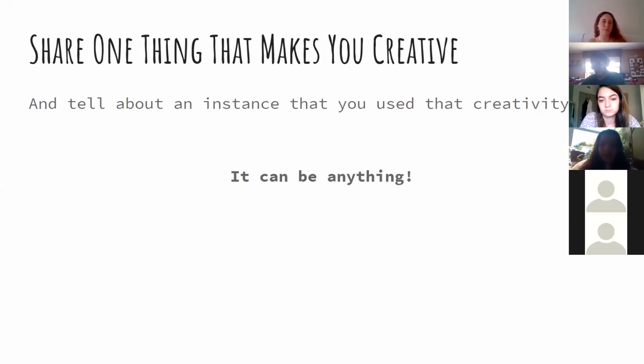I know I said that's not all it is, but I would say I'm pretty creative when it comes to painting and drawing. I made a painting the other day in a style I wasn't really used to doing, but it turned out really cool because I made that leap to try something different. So if anyone has any other examples, shout them out.